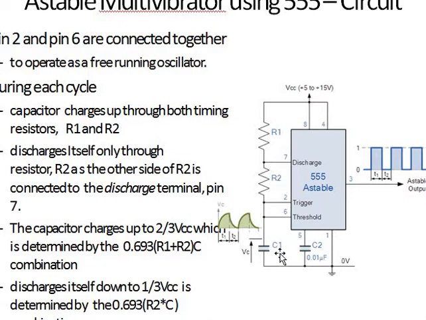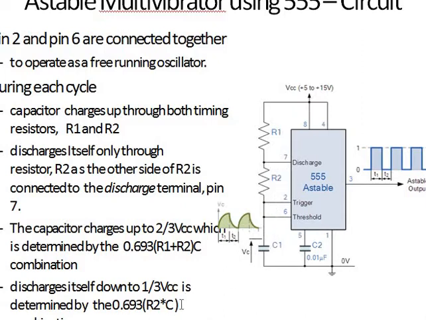That time period is determined by the equation 0.693 into (R1 plus R2) into C, and the discharge time can be calculated using the equation 0.693 into R2 into C. As we discussed, during the charging time, R1, R2 and C are all in the picture, while discharging, the capacitor discharges through R2 only.